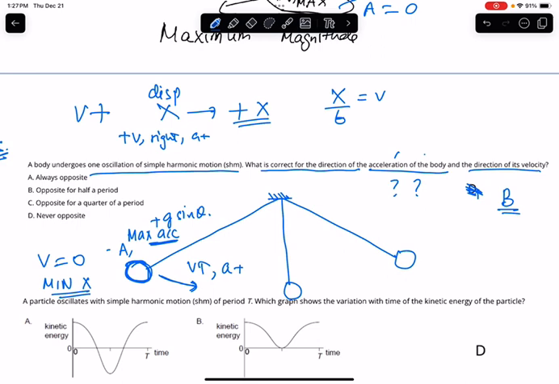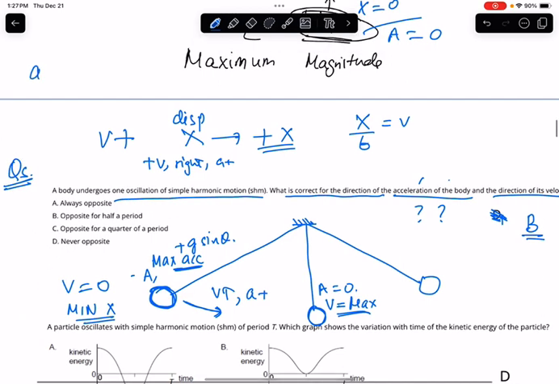After this, you get to the equilibrium and the velocity is going to be maximum. The velocity turns maximum at the equilibrium position, but as we have seen before, the acceleration turns 0 at the equilibrium because the acceleration is just negative g sine of theta, and at equilibrium it is negative g sine of 0.